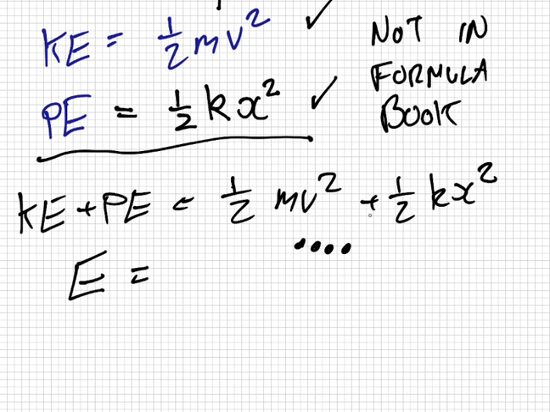But these can actually simplify, and it's at the bottom of page 77. You can simplify this into a half m omega squared A squared, if you use the omega. How did you get omega squared?